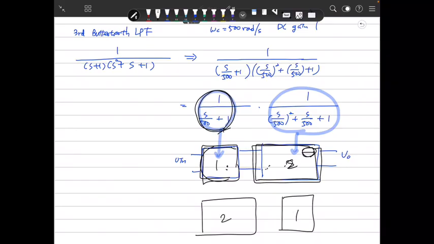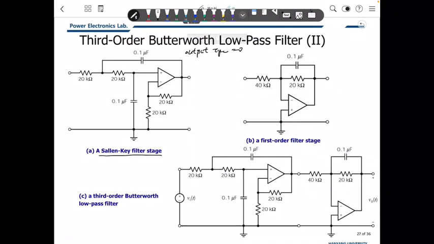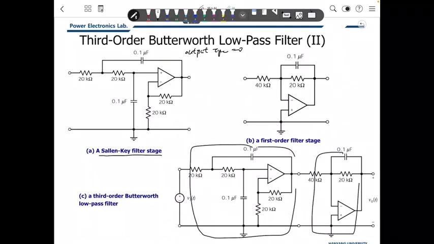So in this case, we choose the second order and first order, using the Sallen-Key bandpass filters. We choose in this sequence: at first the Sallen-Key, and second the first order low pass filter. If you design in this manner, then it works well as you want.